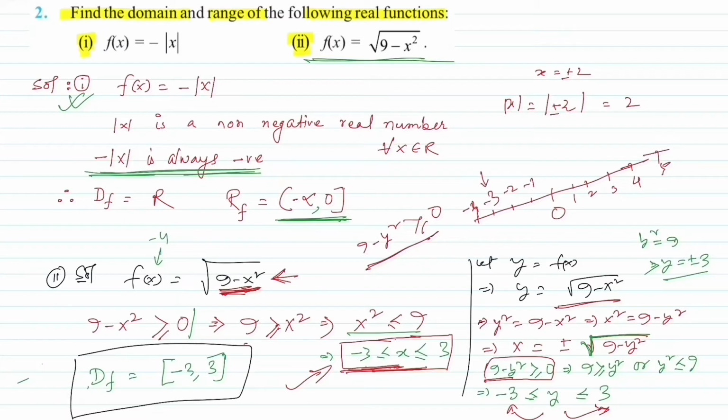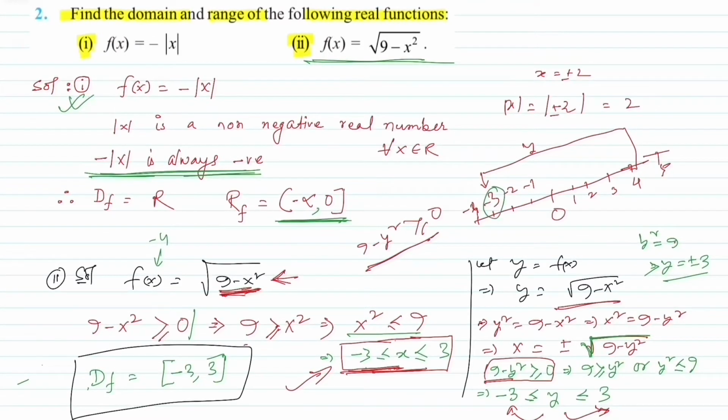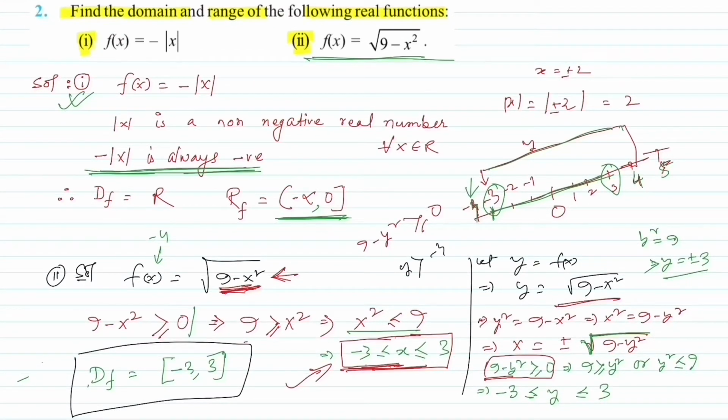This condition will be satisfied only for those values of y from minus 3 to plus 3. If you put a value beyond this limit, for y greater than 3 or y less than minus 3, 9 minus y square will be less than 0.